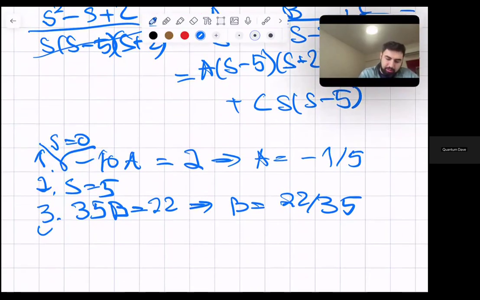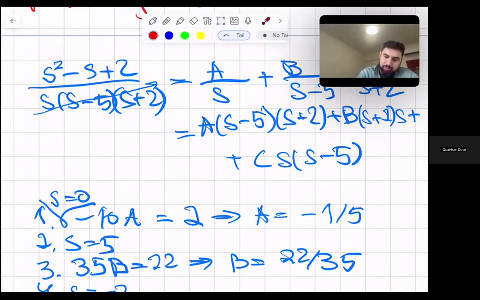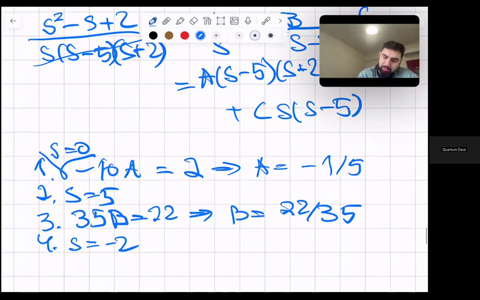And now we will do the same for the last case, which is s equals minus 2. Now let's look at which terms are disappearing, this term and this term. So only this term will survive. That will give minus 7 times 2, so minus 14C.